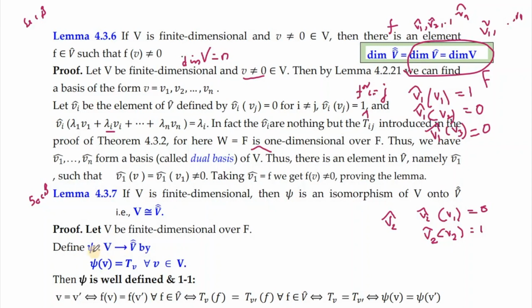Then we can have psi to be a 1-to-1 onto homomorphism. So V is isomorphic to V double cap, which means any element in V can be regarded, if I consider v to be a member of capital V, then it can be regarded as a member of V double cap also.